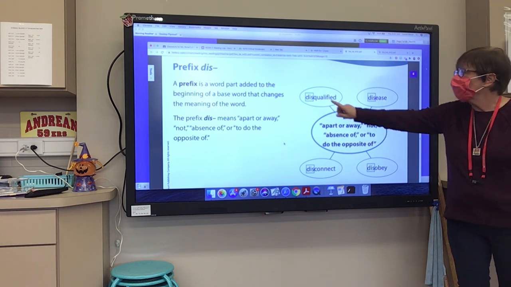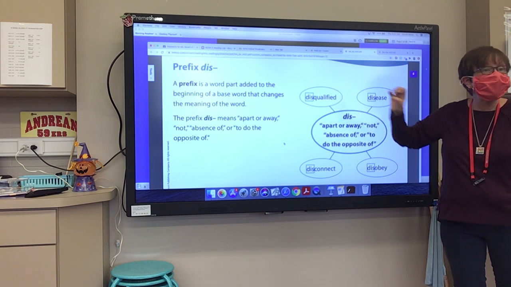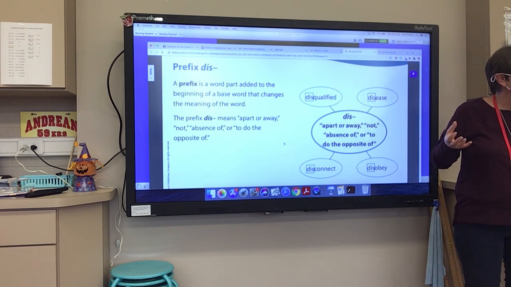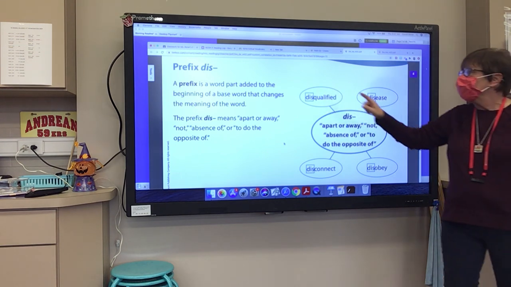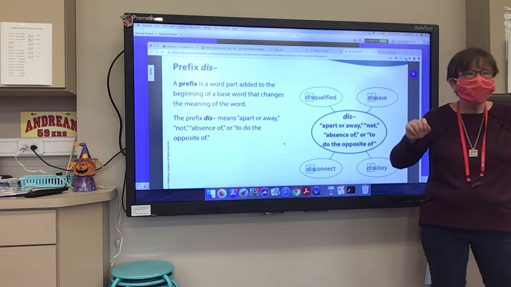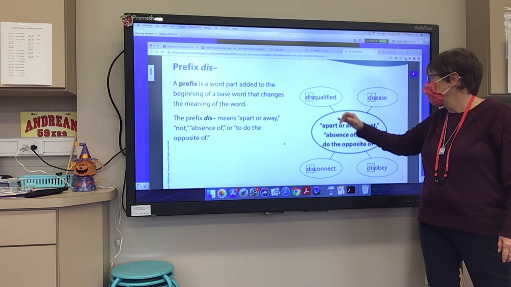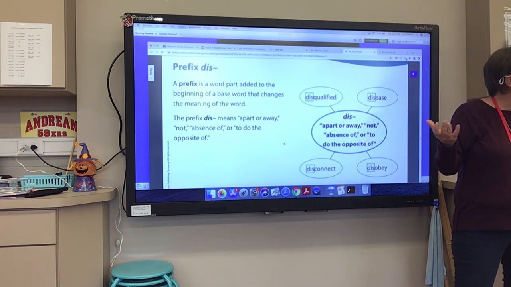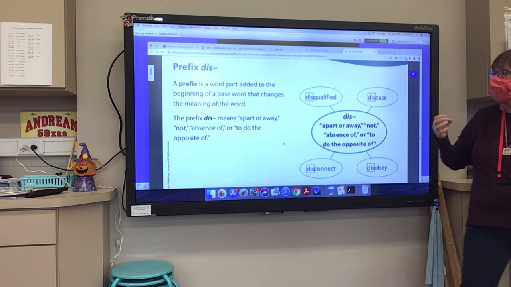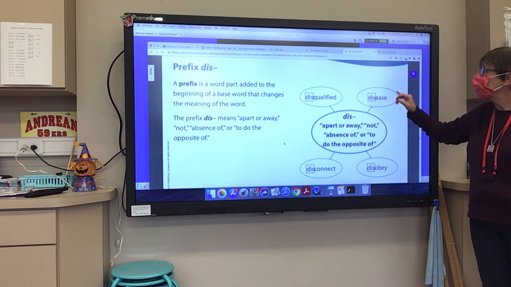So here are some examples of words that have the prefix dis at the beginning of them. We have disqualified. Now qualified is the base word. So disqualified means you're not qualified to do something. We have disease.